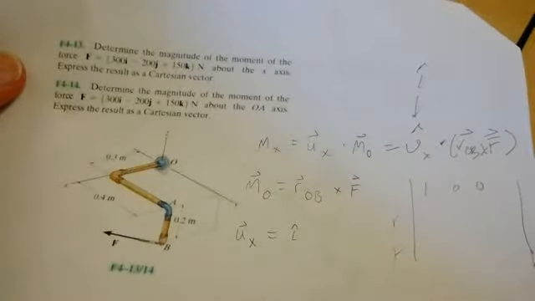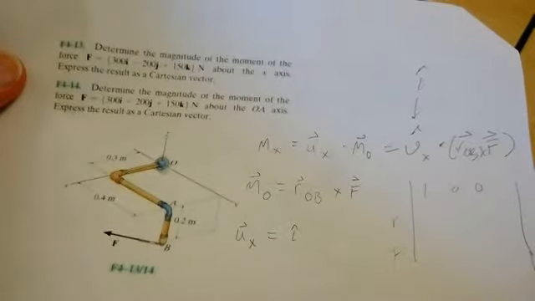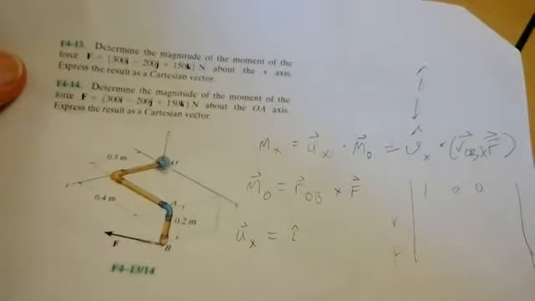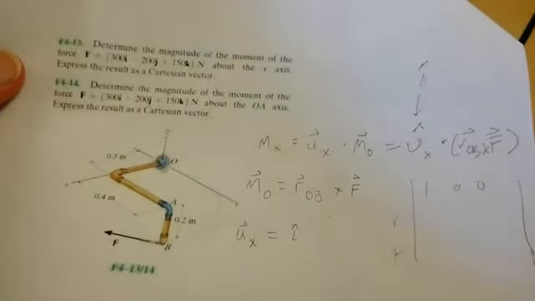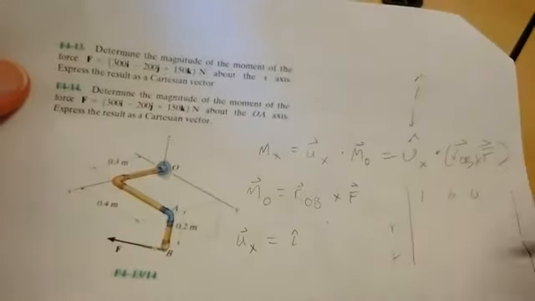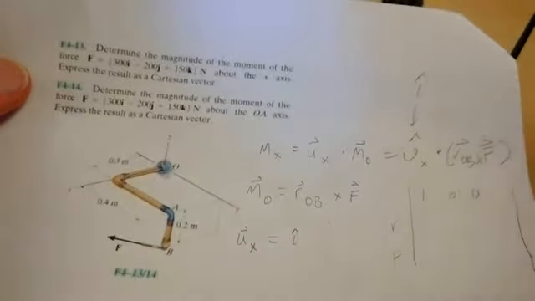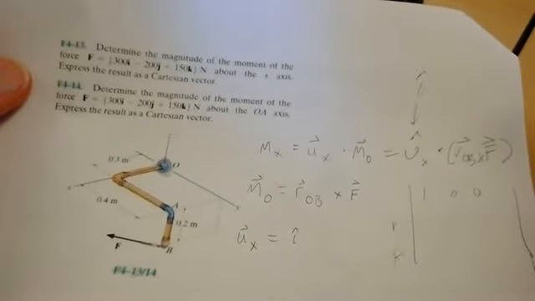It's the unit vector of the axis that you're interested in, which is X, or I. So whatever you get as a result here is going to be multiplied by I, and that's a Cartesian vector of that component of the moment about the x-axis.